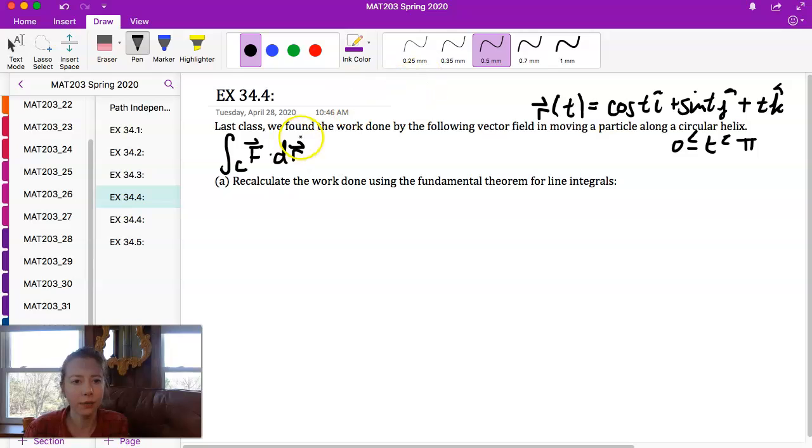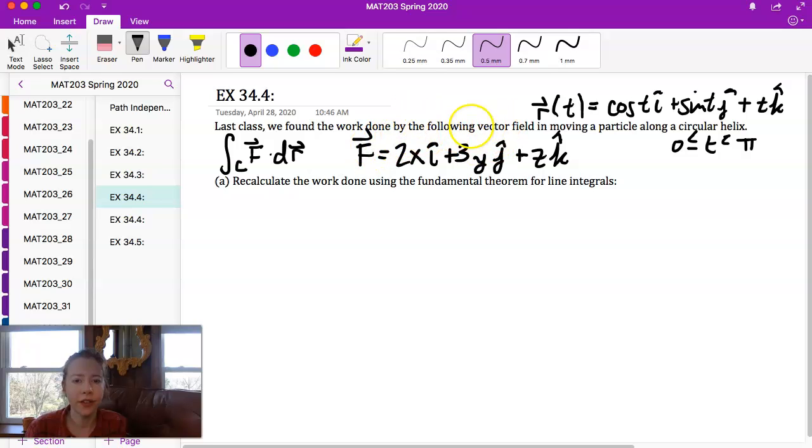The dot product between our vector field and dr. And so the last piece was we had our field equal to 2x i hat plus 3y j hat plus z k hat.